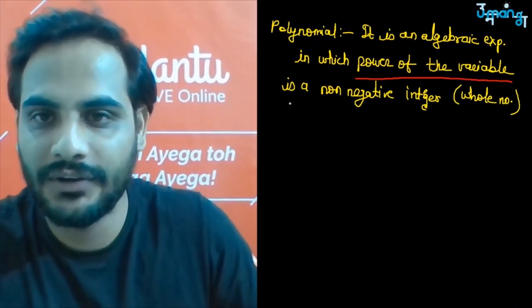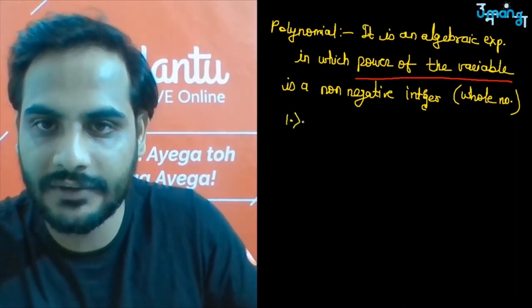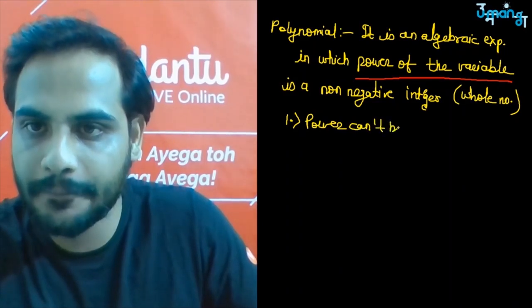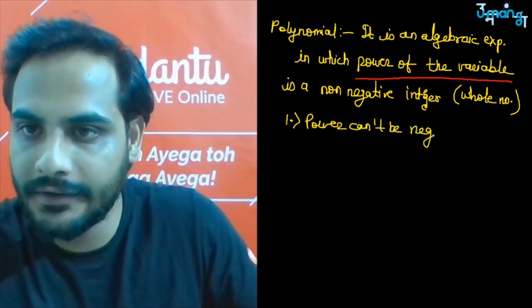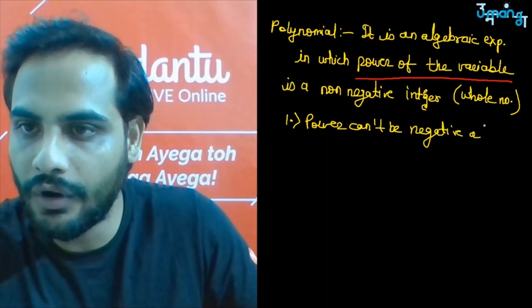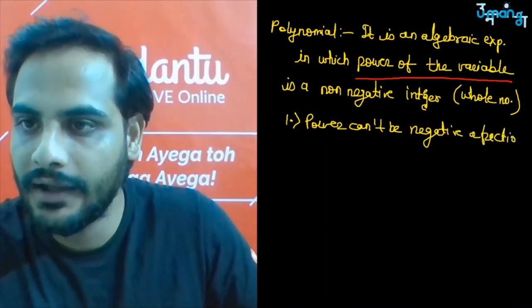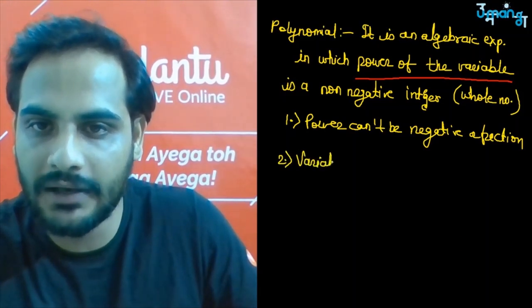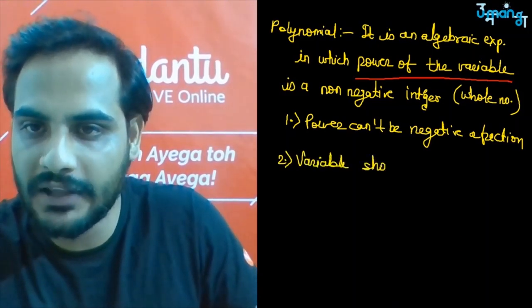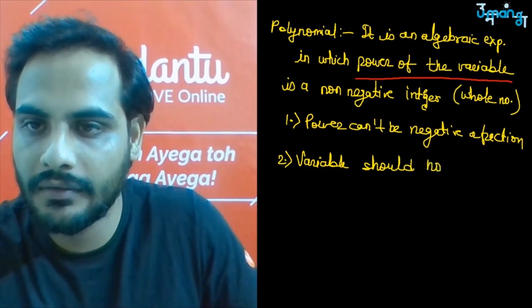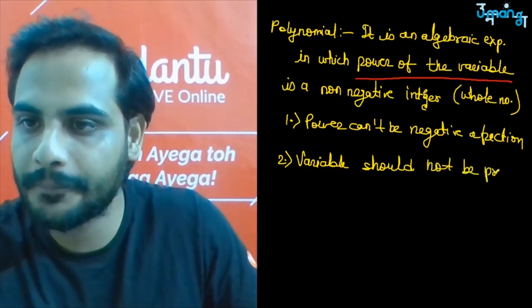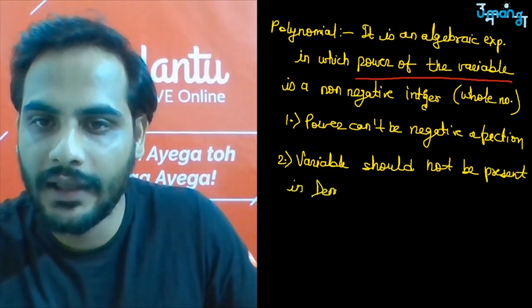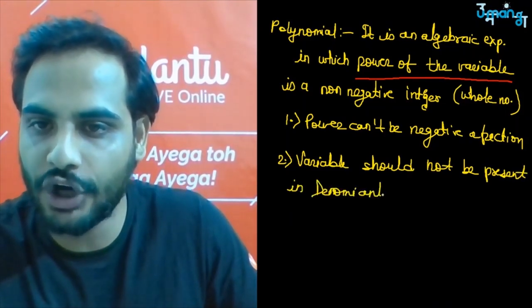From here you can understand one thing. First, power can't be negative or a fraction. And negative power means the variable should not be present in the denominator. In any expression you write, the variable should not be present in the denominator.